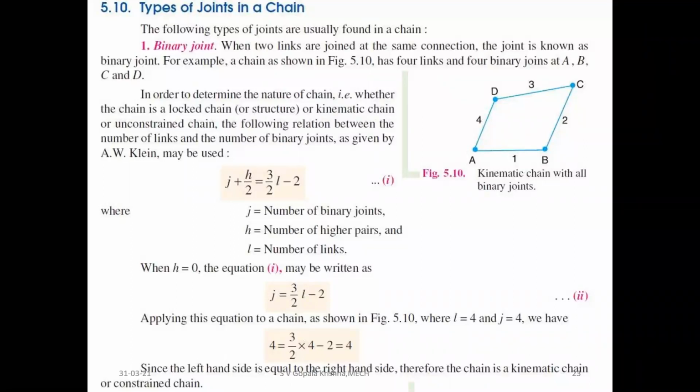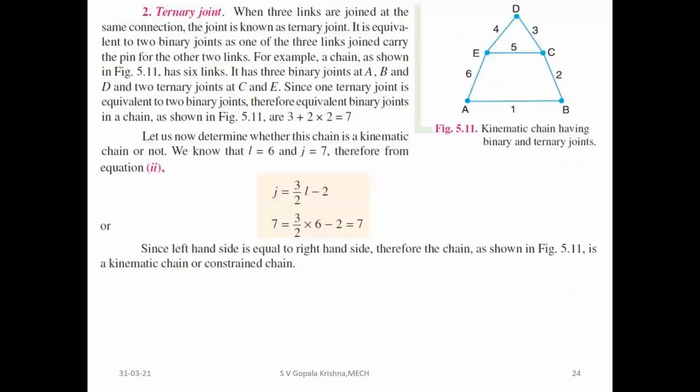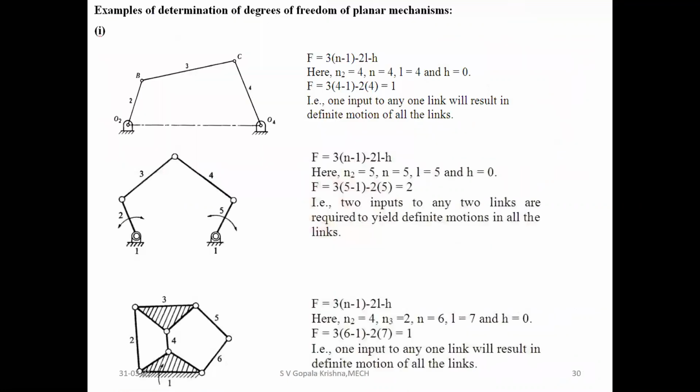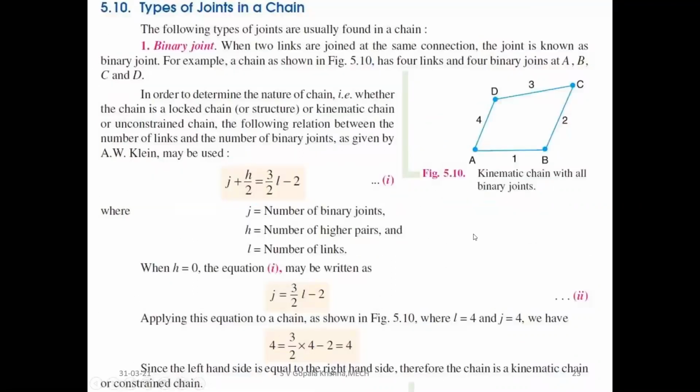There are mainly three types of joints: the first one binary joint, the second one ternary joint, and the third one quaternary joint. Binary, ternary, and quaternary.